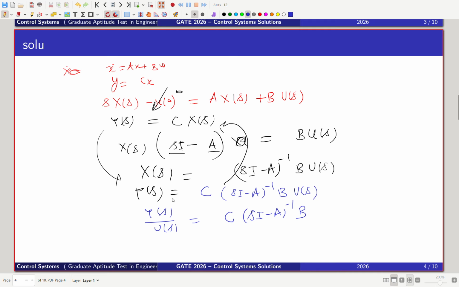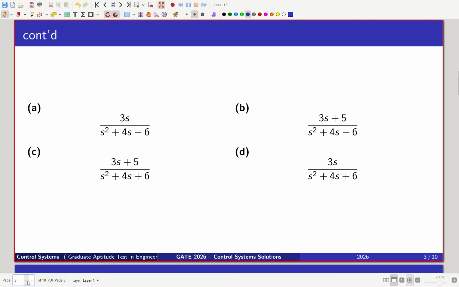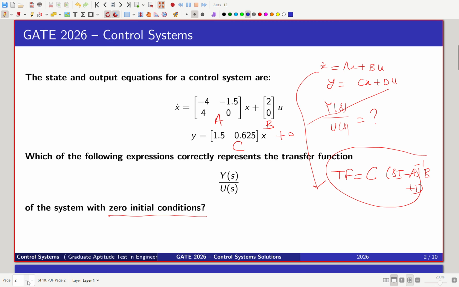Let us solve this by applying the formula. This question is very simple. What is A?